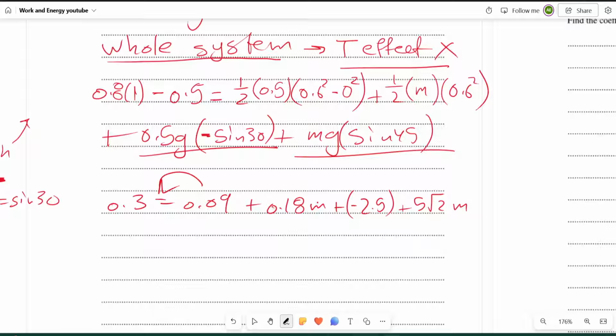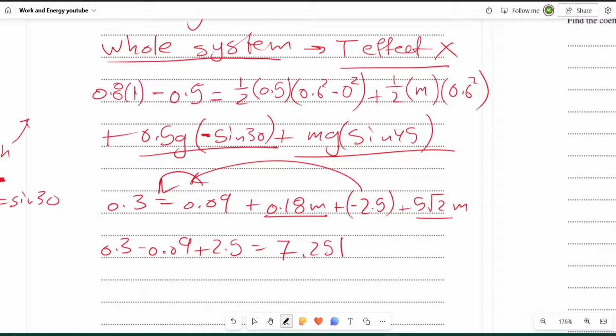Now moving this to this side, and moving this to this side, it's going to be 0.3 minus 0.09 plus 2.5 equals 0.8m plus 5 root 2 m, 0.18. That is going to equal around 7.251 m.